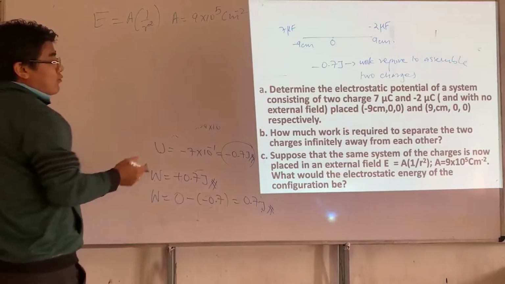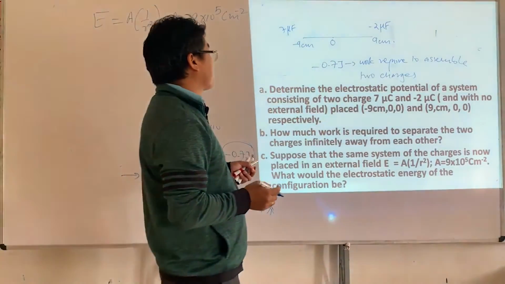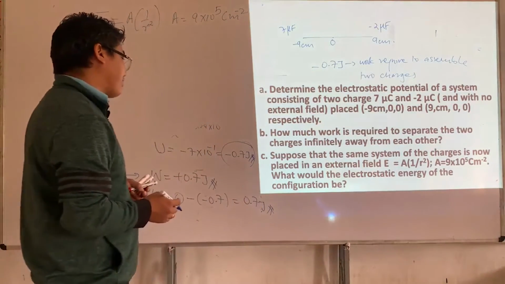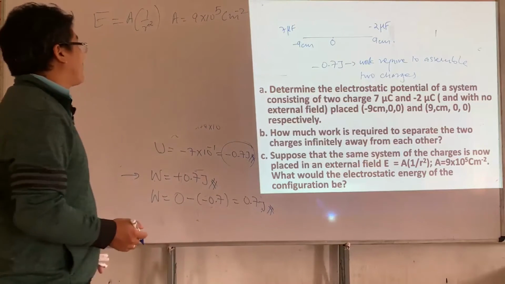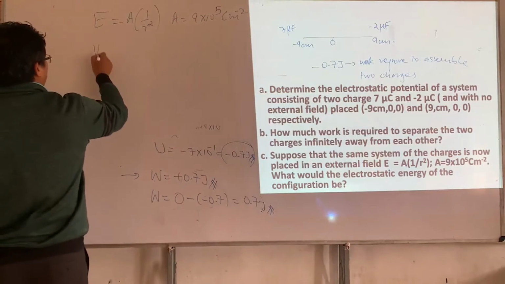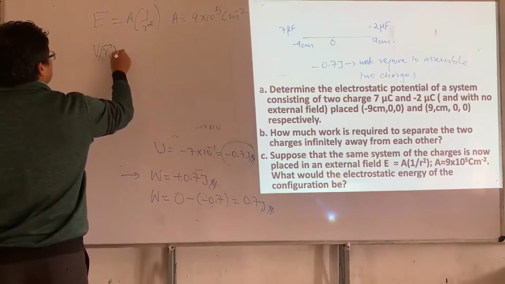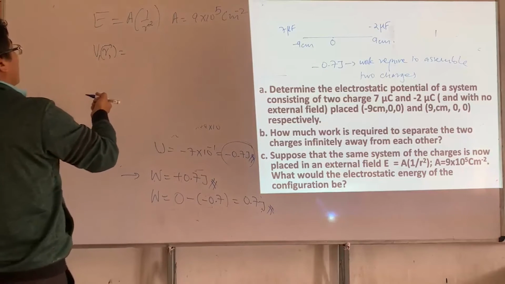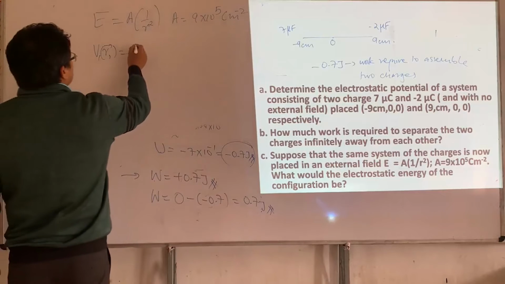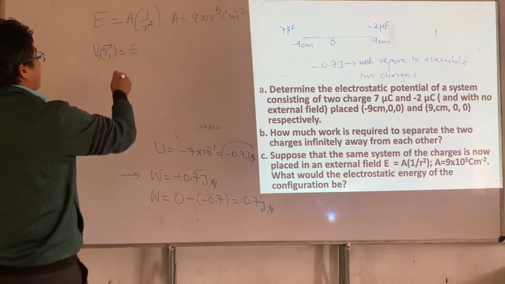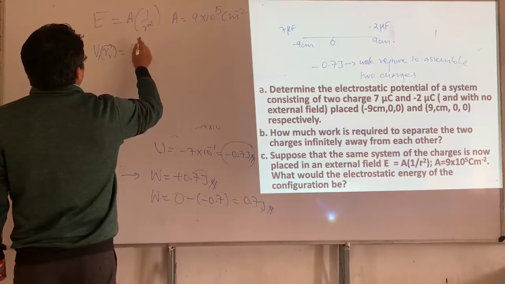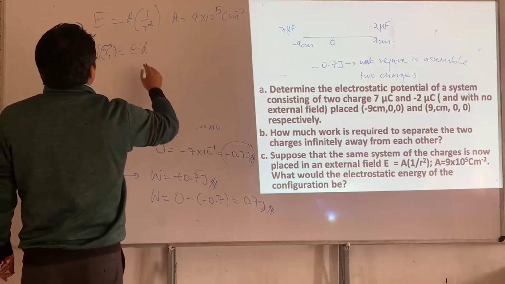So we'll be having 2 point charges. The same charge is now placed in the external field. So I say I have a potential 1. Potential 1 is going to be electric field into distance.